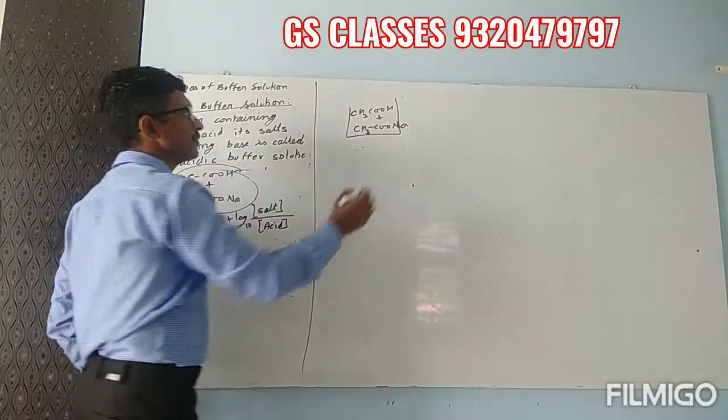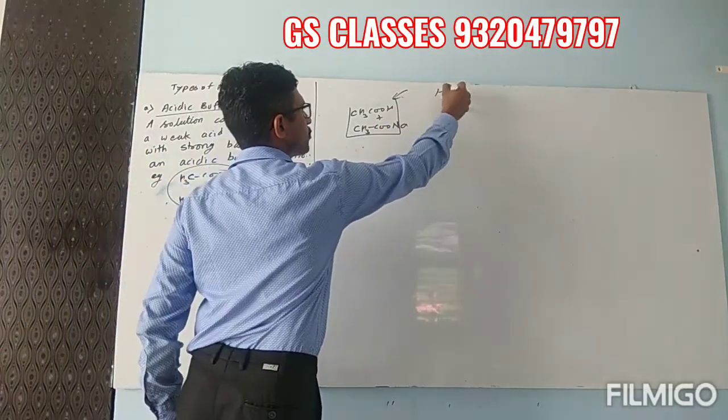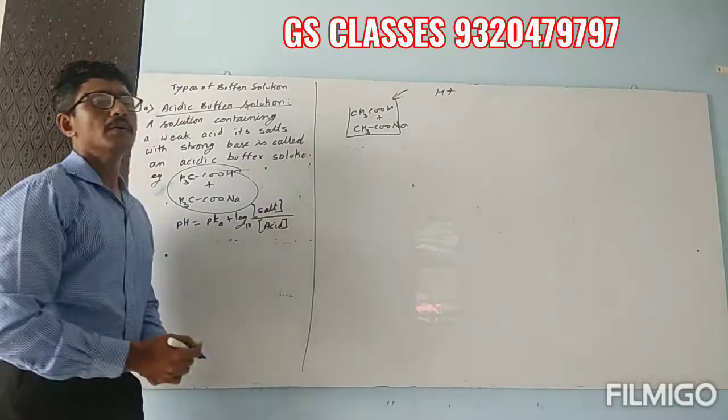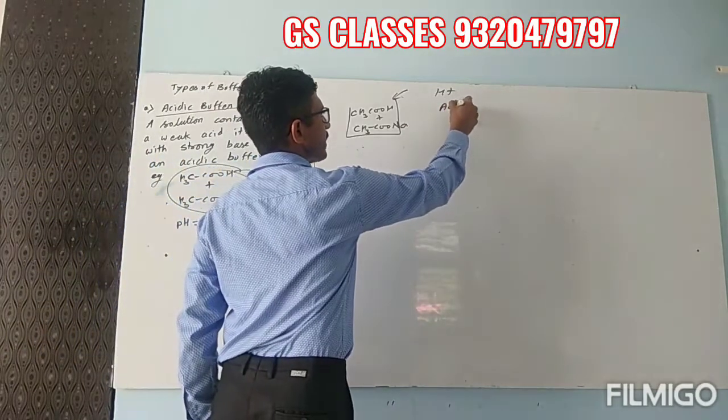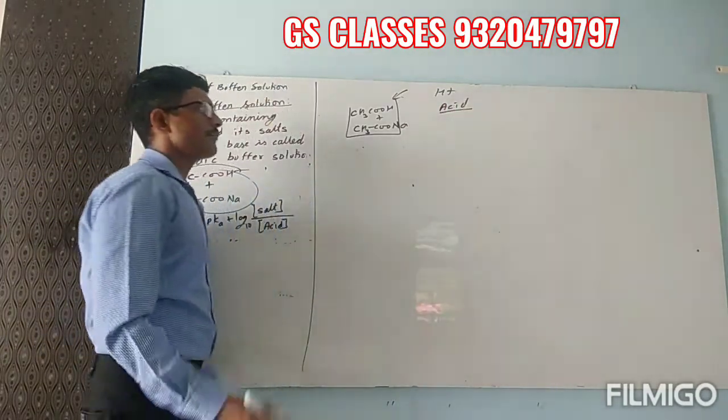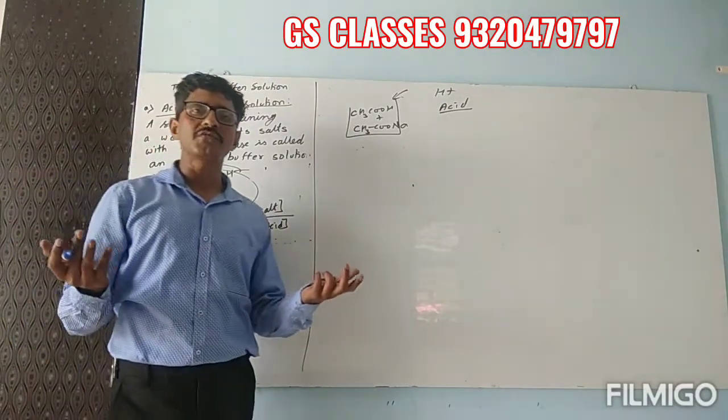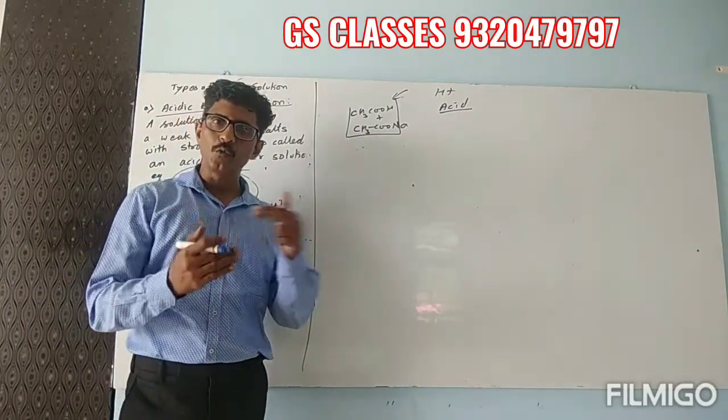Suppose we are adding some amount of hydrogen ion, meaning some acid is added. Of course, for any normal solution, if you are adding the acid, the pH value will change.